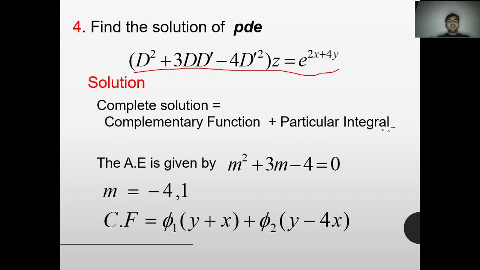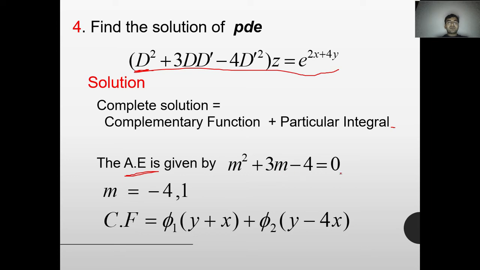Now first we find the auxiliary equation. We put D is equal to m and D dash is equal to 1. So we get the auxiliary equation m square plus 3m minus 4 equal to 0.